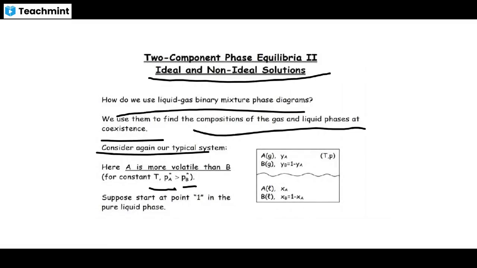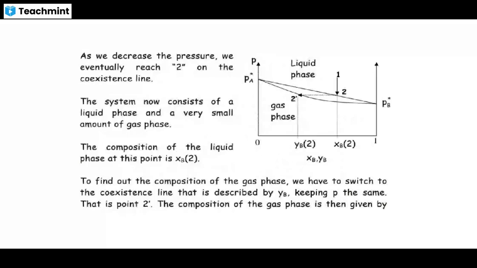Okay, suppose we start at 1 in the pure liquid phase. As we decrease the pressure we eventually reach the curve. Here this is the pure A. Decreasing the pressure, go to here. Decreasing the pressure, you get the liquid phase here.